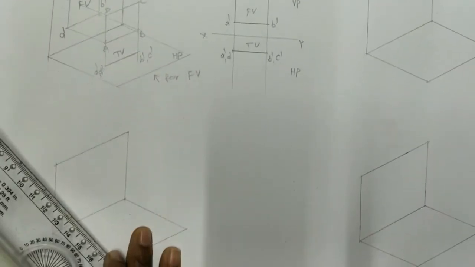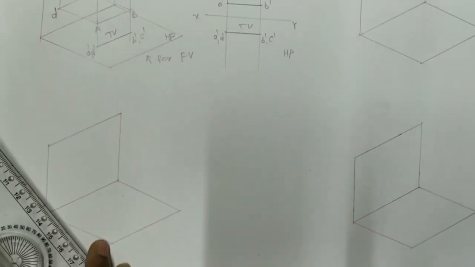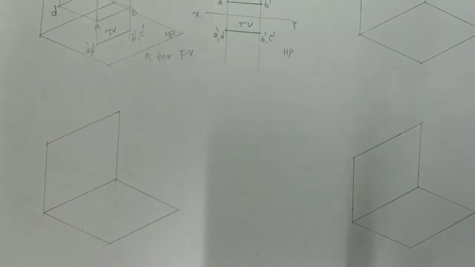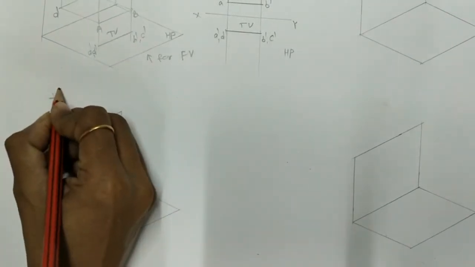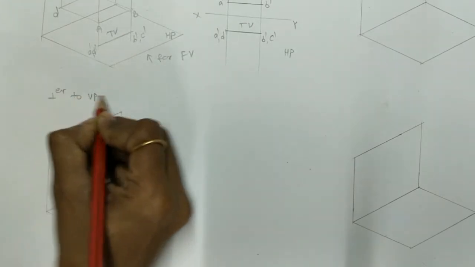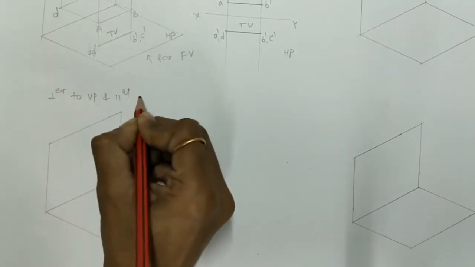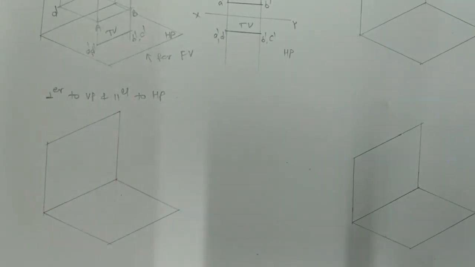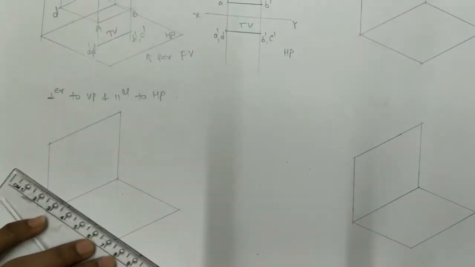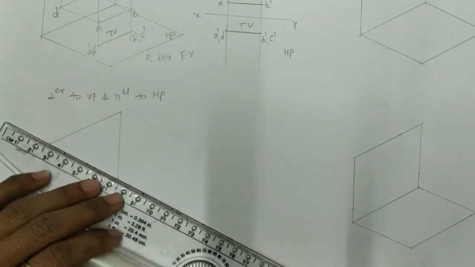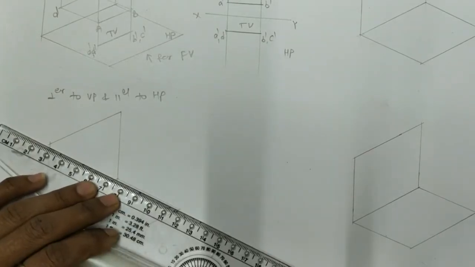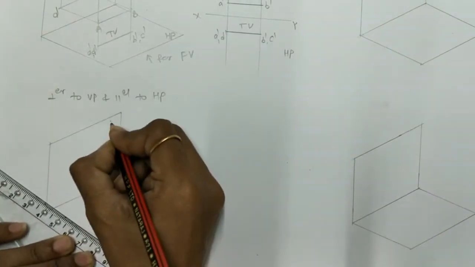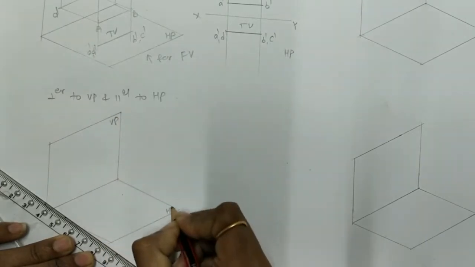Now we will see second case where plane is perpendicular to VP and parallel to HP. So we will draw a plane. First of all, give name VP and here HP.